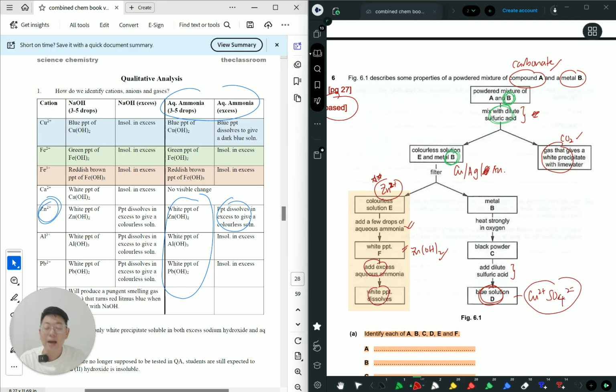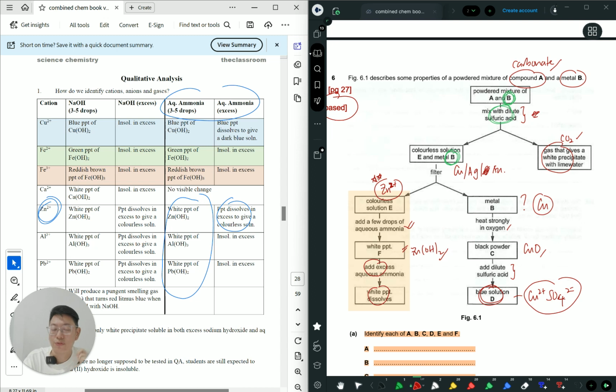So that is D. I have 2 marks: I have F, I have D. In order for you to form copper 2 sulfate, what metal do you think we are dealing with? Copper, silver, gold? Copper. I have the 3rd mark. And when copper is heated with oxygen, it will react to form copper oxide. I have the 4th mark, so 4 out of 6, 2/3, 66%, B3.